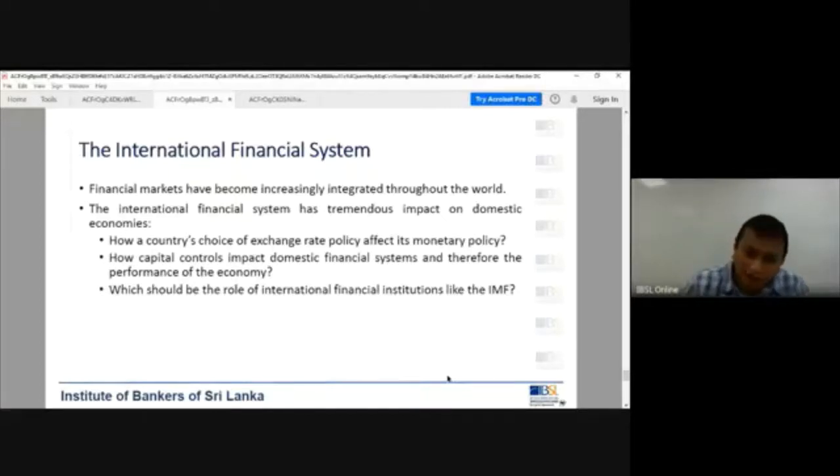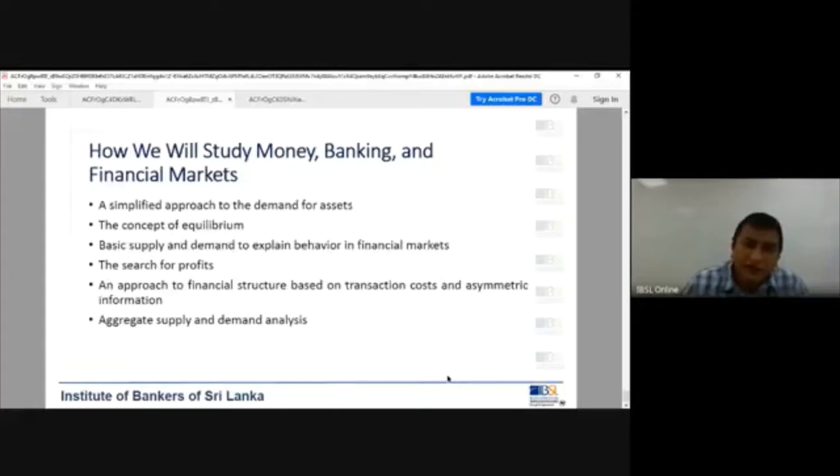So we will look at all these elements in our discussions, and how we will be studying this, how we will be designing or defining our approach to this program, right? You have already learned, and you probably have an understanding of how I might be taking you all through.